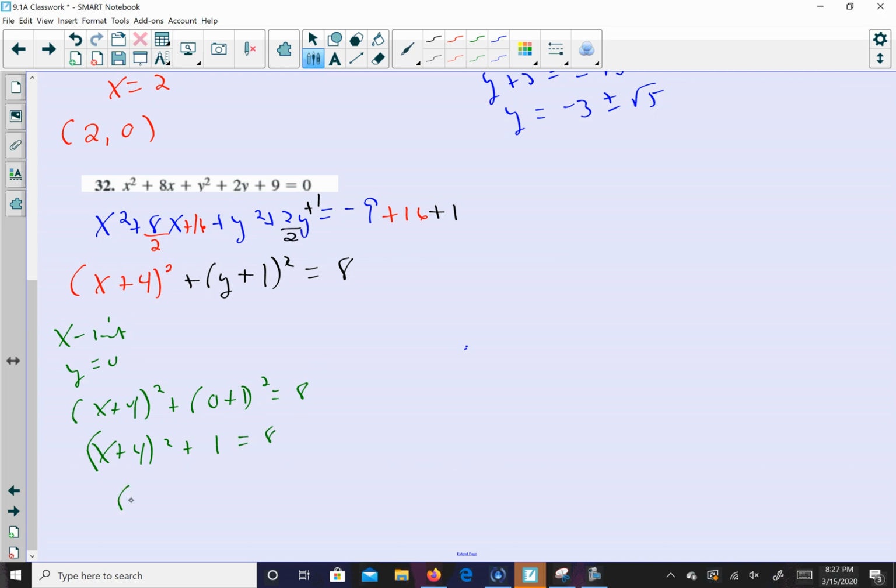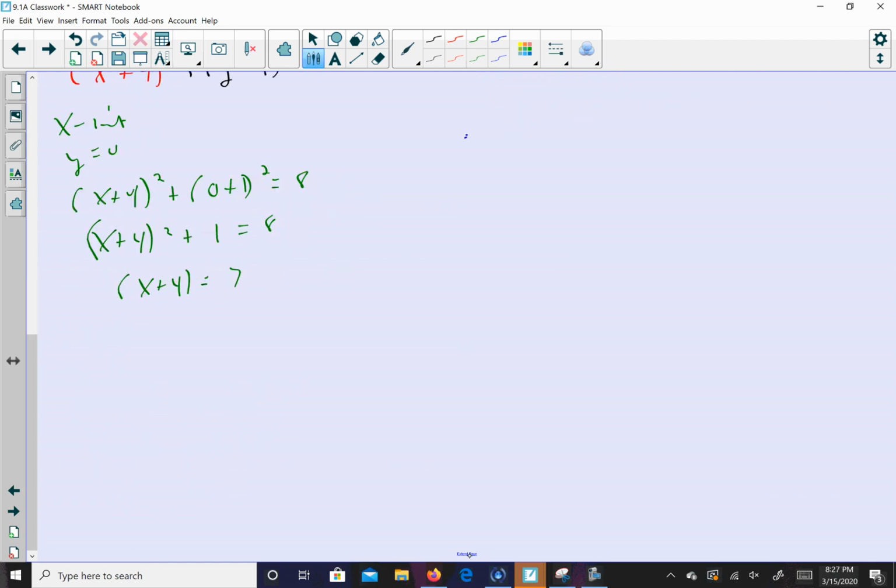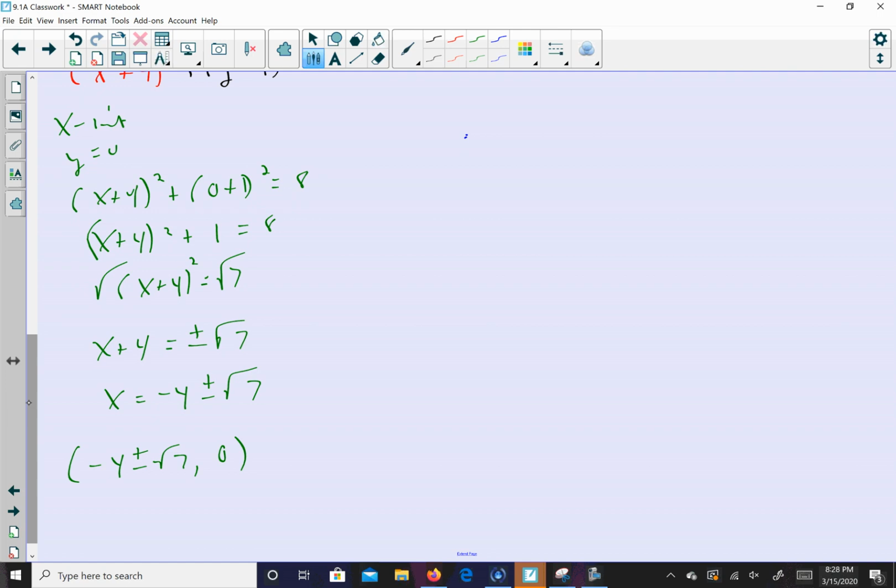Subtract 1 from both sides, and I'm going to have x plus 4 squared is equal to 7. This is squared, so I'm going to take the square root of the left side and the right side, so I'm going to have x plus 4 is equal to plus or minus the square root of 7. So x is equal to negative 4 plus or minus the square root of 7. So my x-intercepts are negative 4 plus or minus the square root of 7, and then my y-coordinate would be 0. Those are my x-intercepts when y is equal to 0.